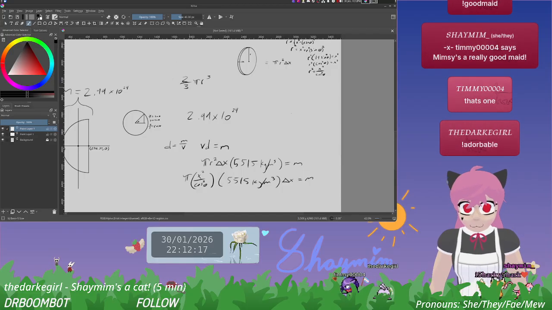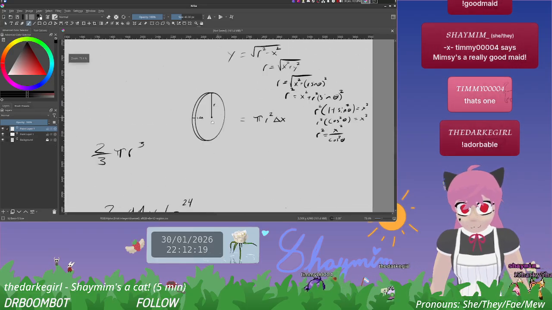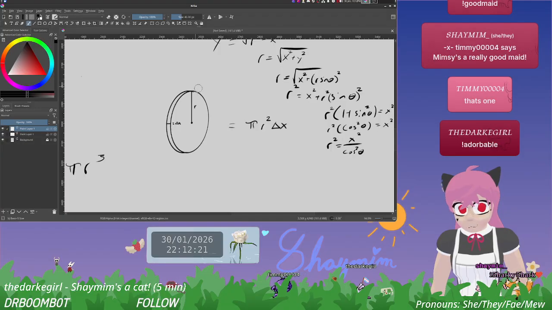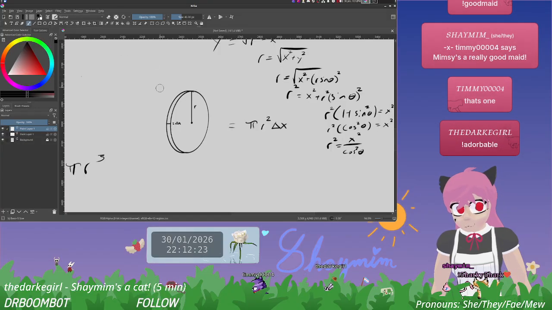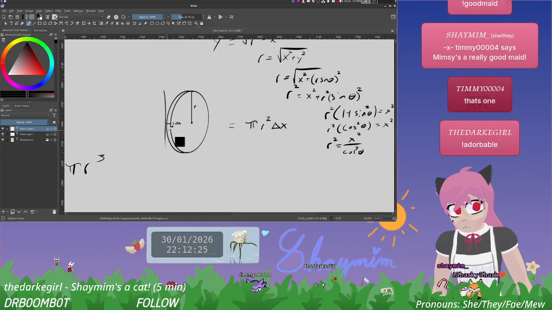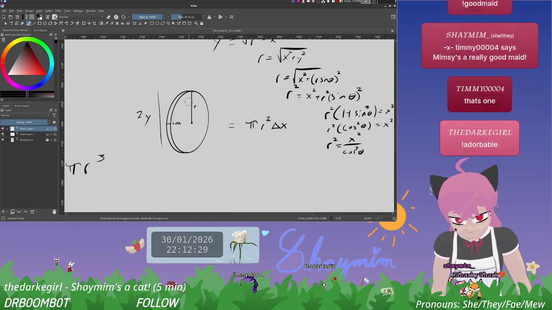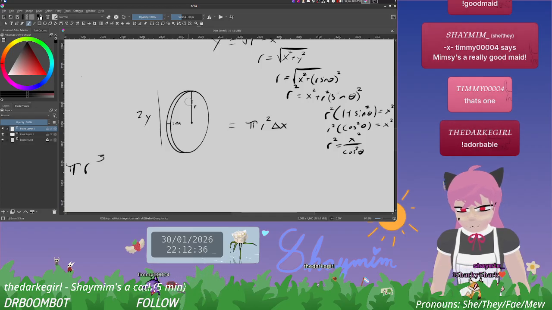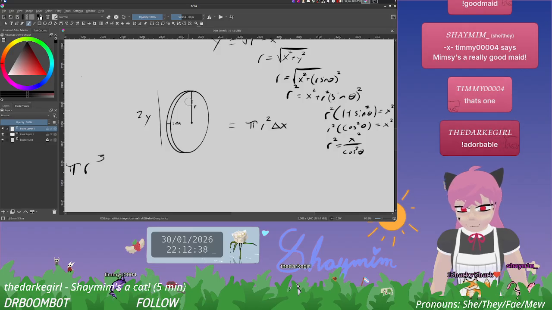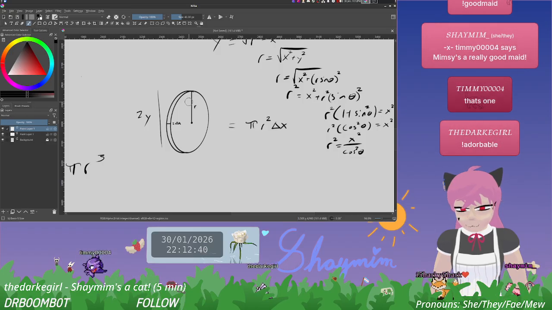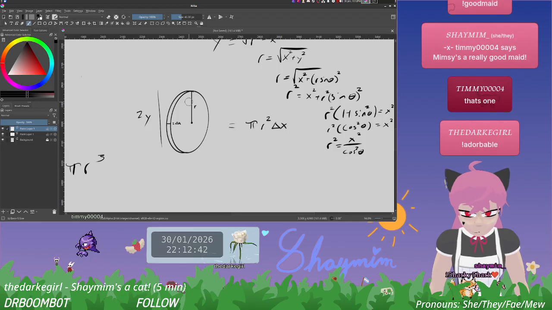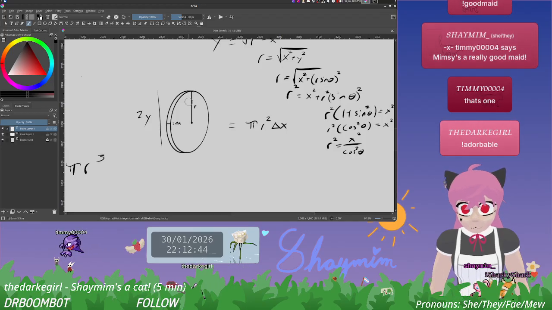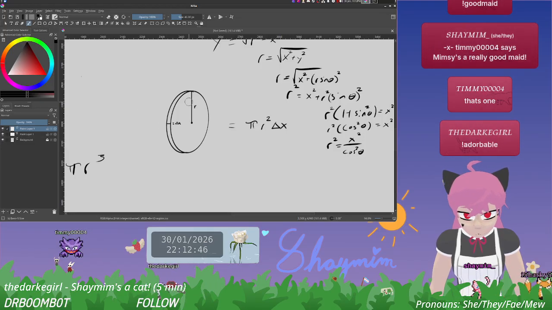So the height of a disc, from the distance from one side to the other, is 2y, right? And then maybe I'm misunderstanding. I don't think that's relevant. I might be looking at the wrong problem.